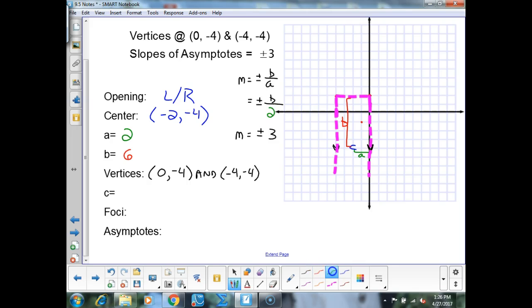What divided by 2 is 3? 6. So b has to be 6. A couple of different ways of going about figuring that. So if you know that b is 6, it comes all the way down here to the bottom of my box.